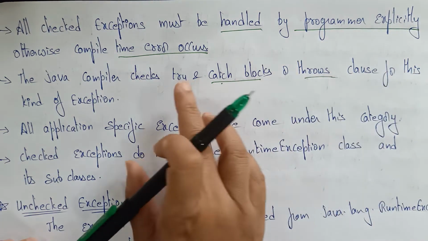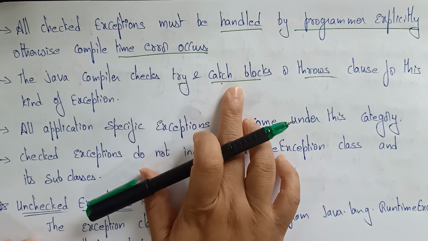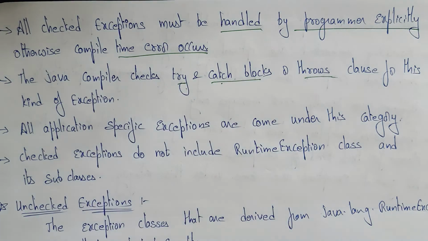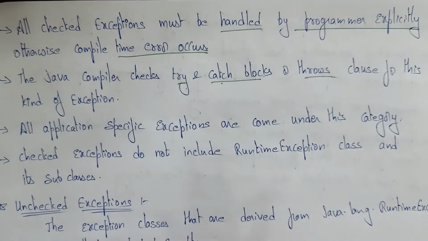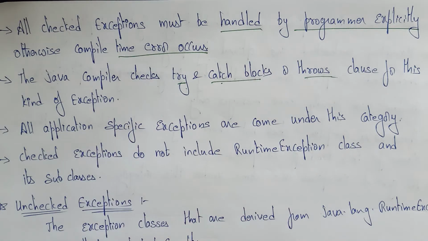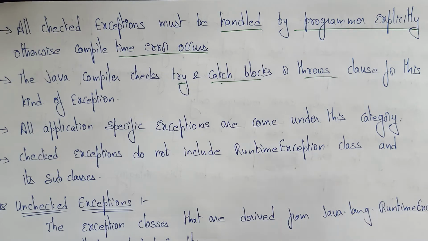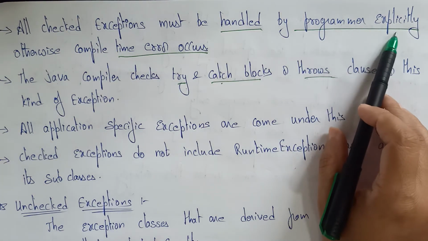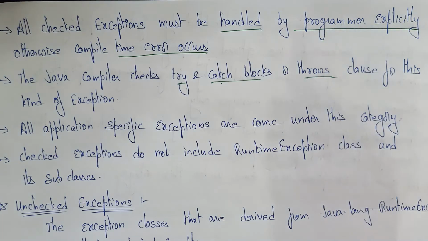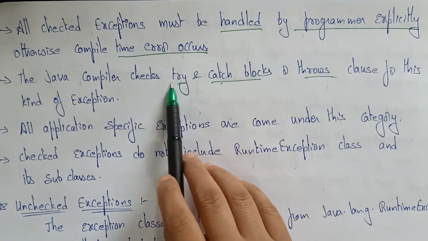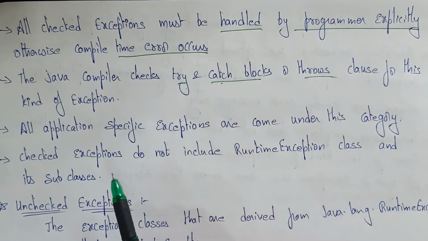If the programmer doesn't write the try and catch block, then a compile time error will occur. That I'll also explain. Try removing the try and catch block and executing, then the compile time error occurs, because whatever exception is raised is a checked exception, so the programmer has to write it explicitly, otherwise a compile time error occurs. It can be handled by using try and catch blocks.